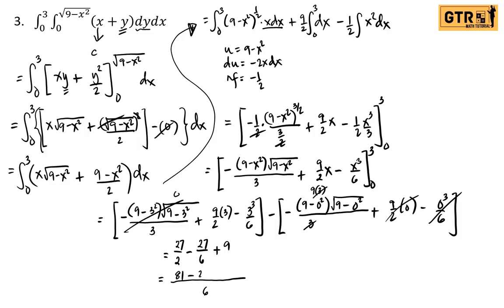Minus 27, so just copy 27 because the LCD is 6, plus we have 1 here, so 6 divided by 1, so that is 6 times 9, so we have 54. So therefore, the final answer is 81 minus 27 plus 54. So the final answer is 108 over 6, but parang eksakto yan, 108 divided by 6. So the final answer is 18.